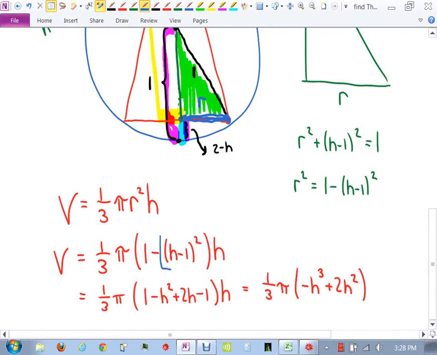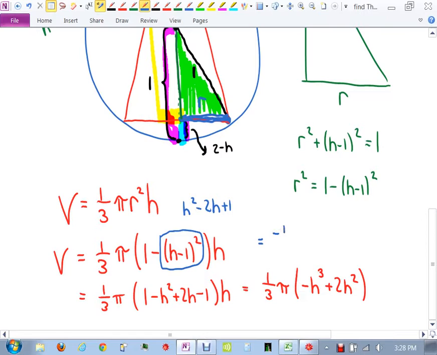I took this right here, and I figured out that was h squared minus 2h plus 1, right? But then there's a minus in front of that that would distribute to each one, which would make it the next line. And then the ones cancel, and then I distributed that h that's sitting at the end through. I don't like the negative in front of the h cubed.